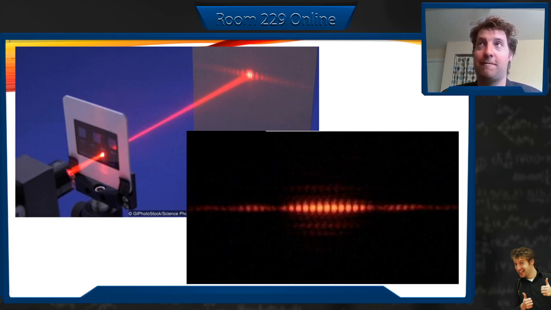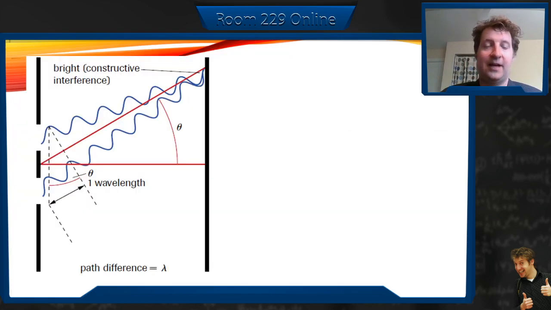It's able to interfere with itself and diffract and produce a diffraction pattern because the waves are interfering. It's bright where they're constructively interfering and dark where they're destructively interfering. Okay? Now, let's think about the math here for a second.